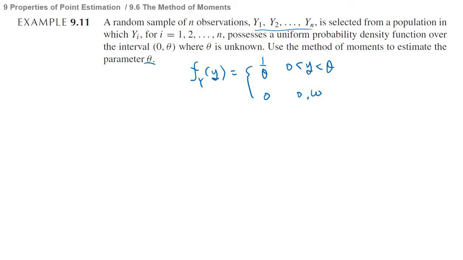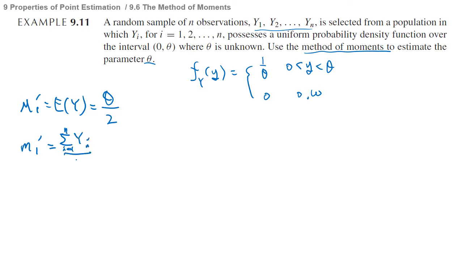To use the method of moments, firstly mu1 dash is the expected value of y for the uniform distribution. This is theta over 2. And what is m1 dash? This is the sample mean, which is the sum of yi from i equals 1 to n, divided by n.